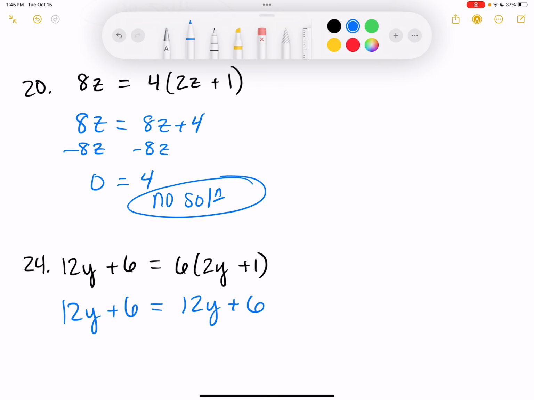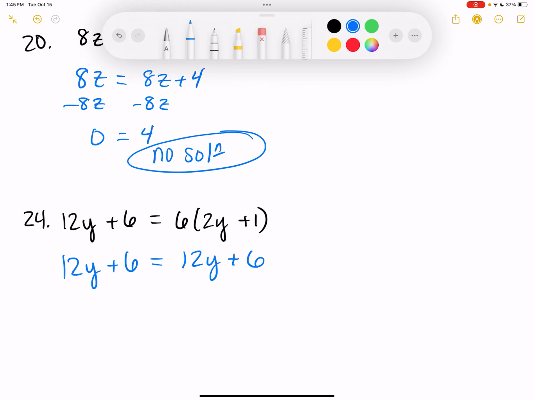They're the exact same thing, so once that happens, you can immediately say it's an identity. As soon as you get two things that are exactly the same, you don't have to keep going. If I kept going and subtracted on both sides, I would end up with 0 equals 0, which is still an identity. It's a true statement either way. 3 equals 3, 27 equals 27, however you do it. It's an identity.